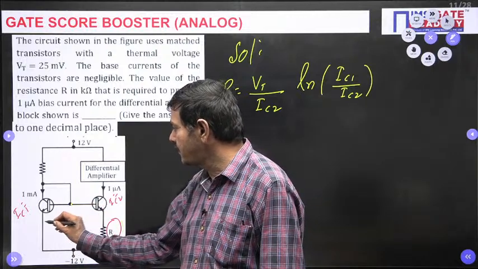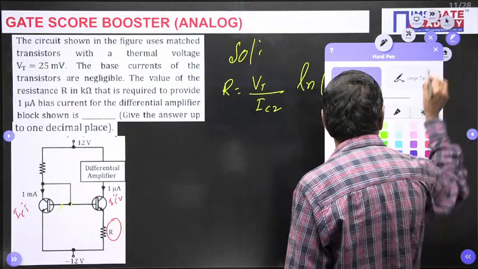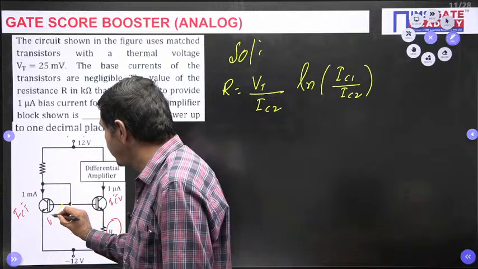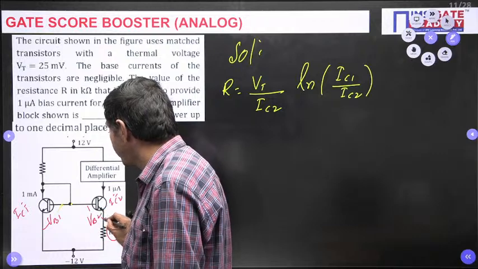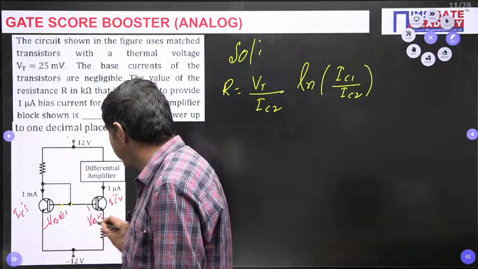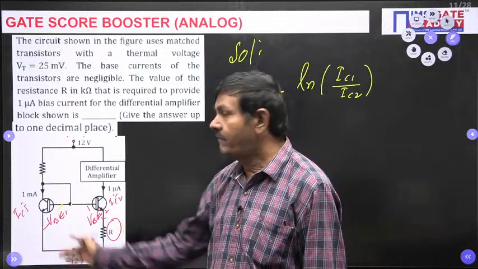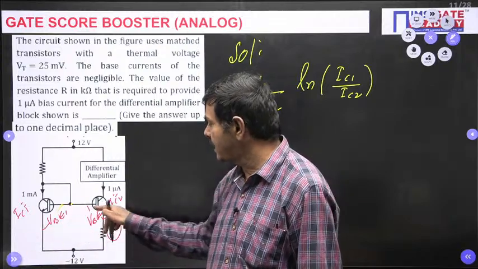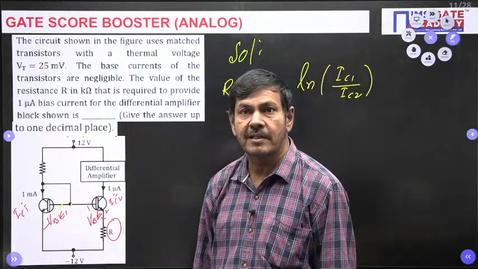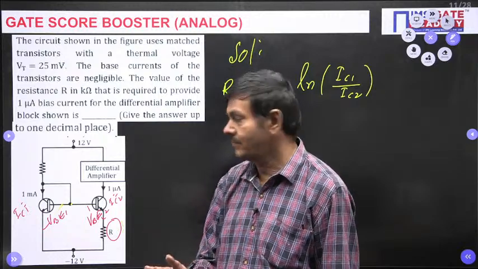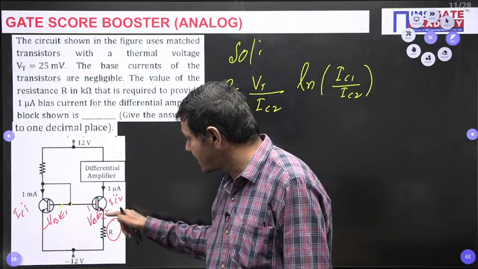This voltage is VBE1, and by applying KVL in this direction, this voltage is VBE2. Generally you say base-to-emitter voltage is 0.7, but here these two voltages are not the same. VBE1 and VBE2 are not equal in this circuit, because one transistor's base-emitter is connected with a resistor.